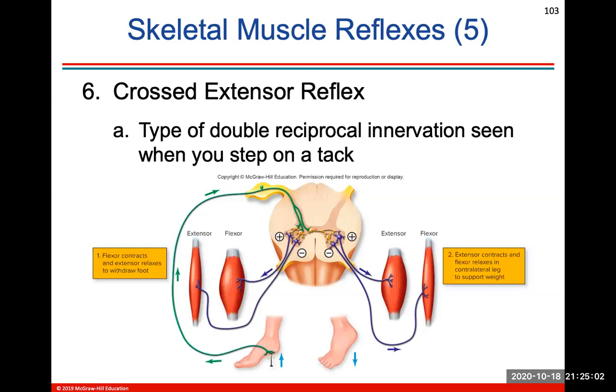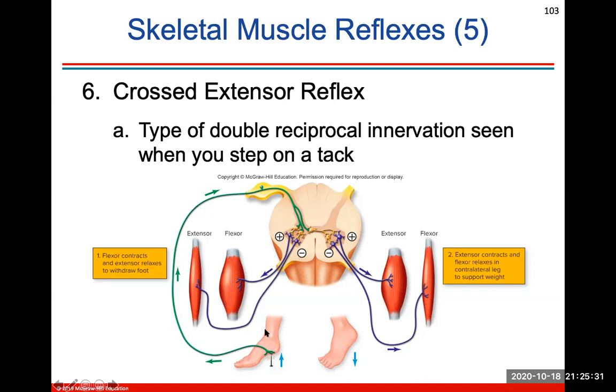When you step on the tack, it'll send sensory information to the spinal cord, so the flexor contracts and the extensor relaxes to withdraw the foot from the pain. But also, on the opposite side of the body, the extensor contracts and the flexor relaxes in the other leg to support your weight.